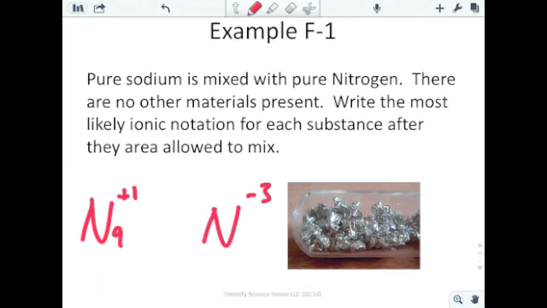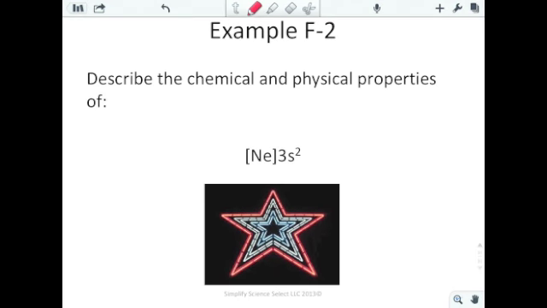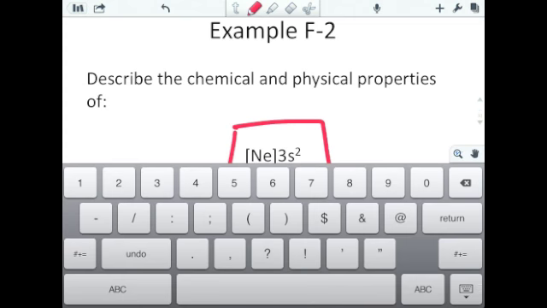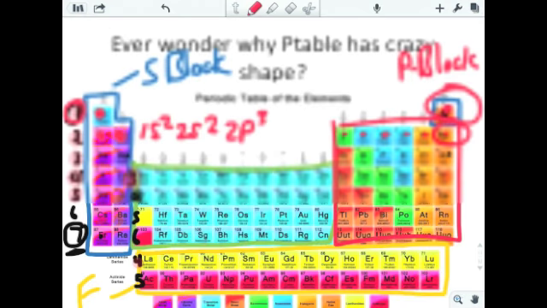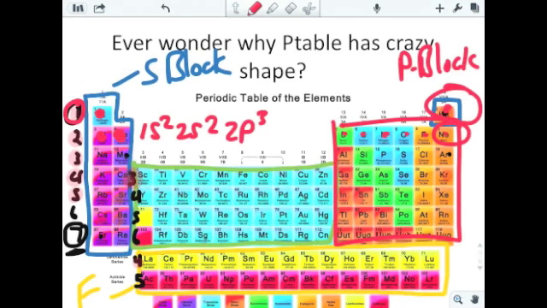Last example, it says describe the chemical and physical properties of this right here. Basically we have neon and then 3s2. So let's look at our periodic table. We have neon, which is right here, and then we go 3s2, which is magnesium.